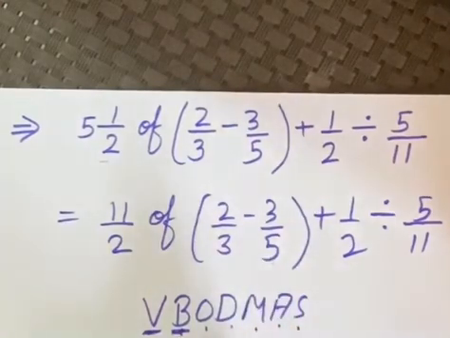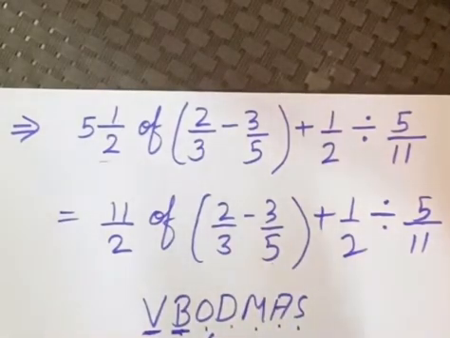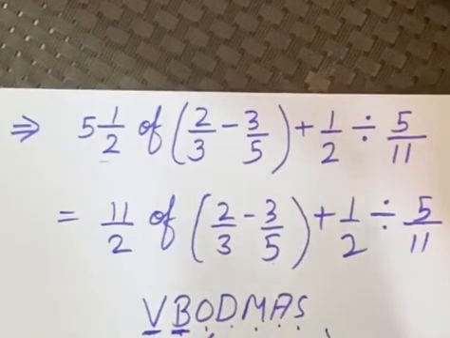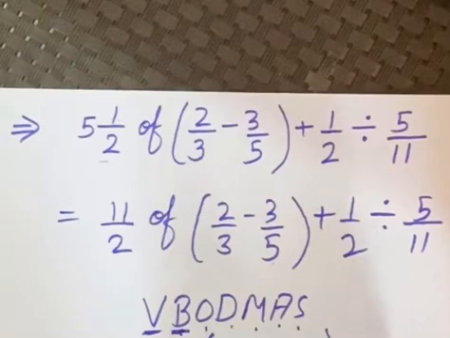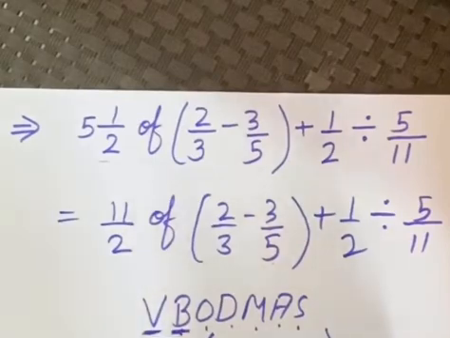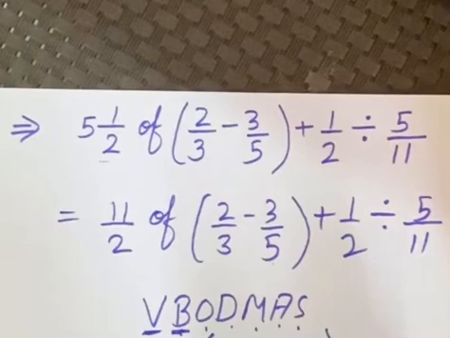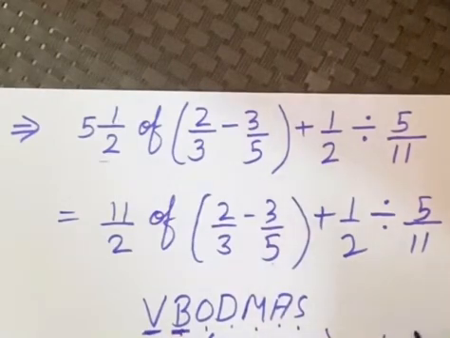And how can we solve this bracket? By taking LCM. That is 11 by 2 of, on taking the LCM of 3 and 5, it is 15. 3 into 5 is equal to 15, so we will multiply by 5 and we will get 10 over here, minus 5 into 3 is equal to 15, so we will multiply by 3 and we will get 9, plus 1 by 2 in division with 5 by 11.